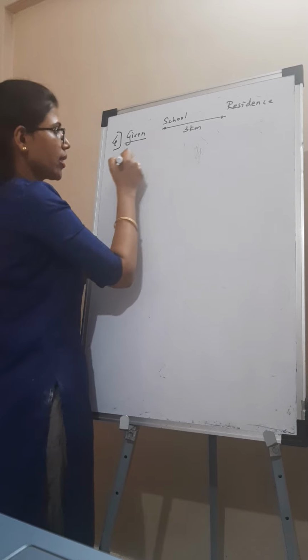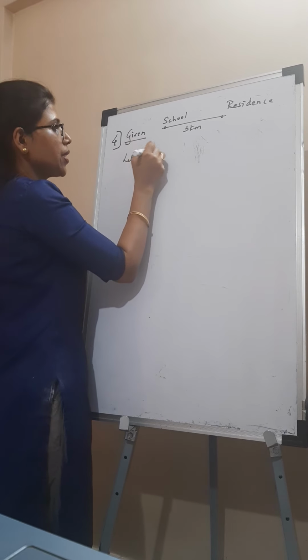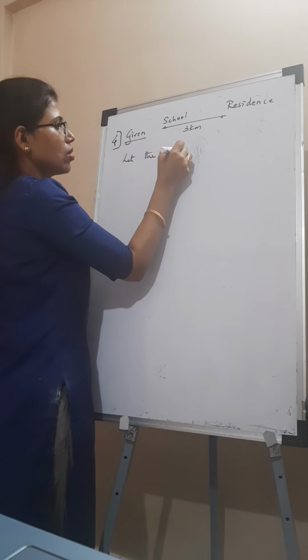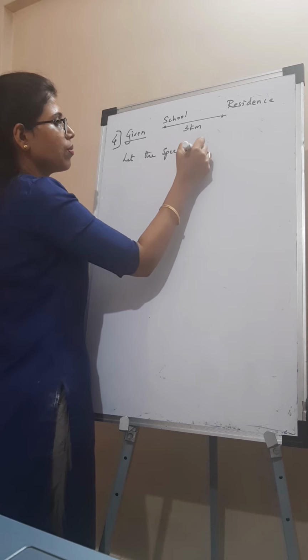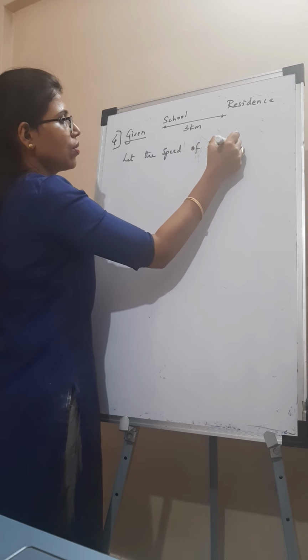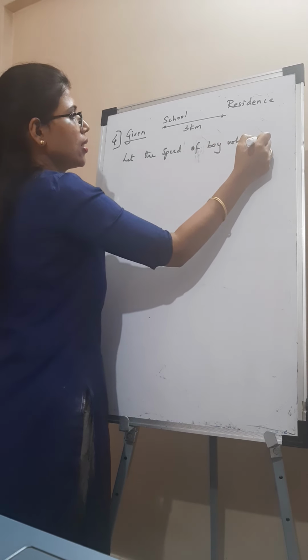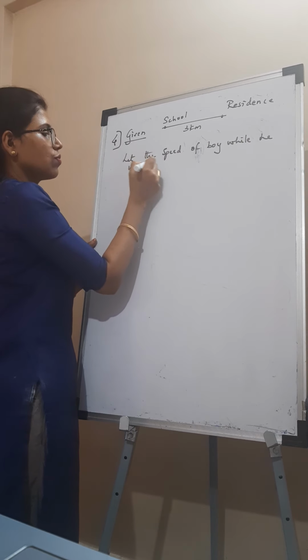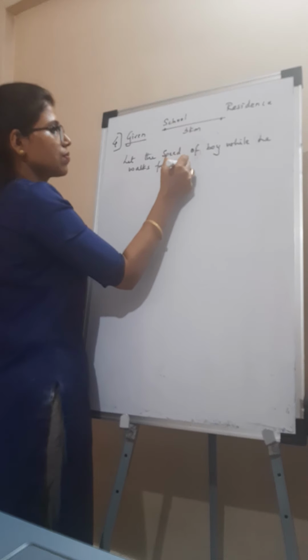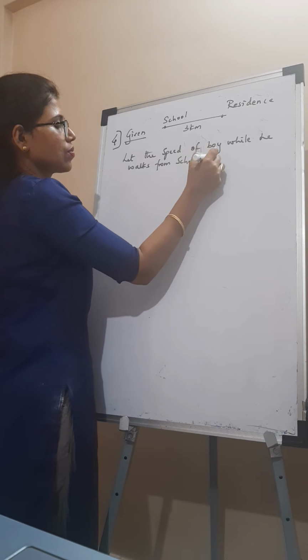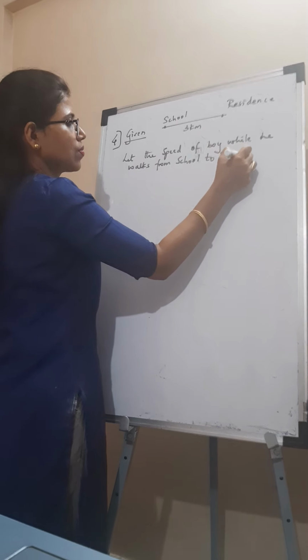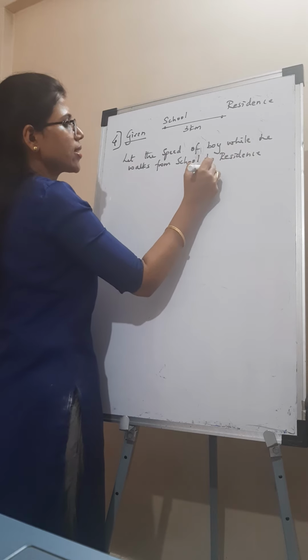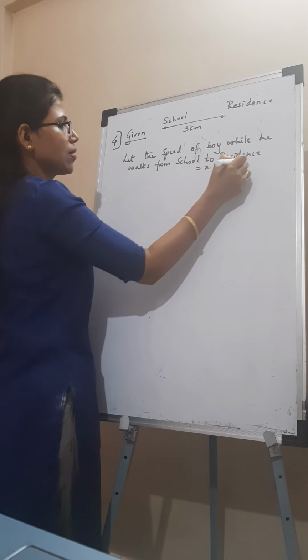When he goes walking, let the speed of the boy while he walks from school to residence be equal to x kilometers per hour.